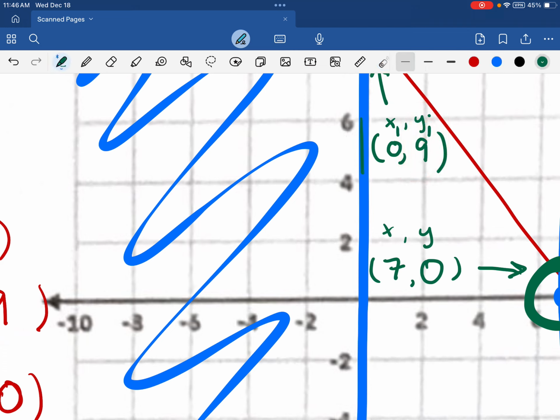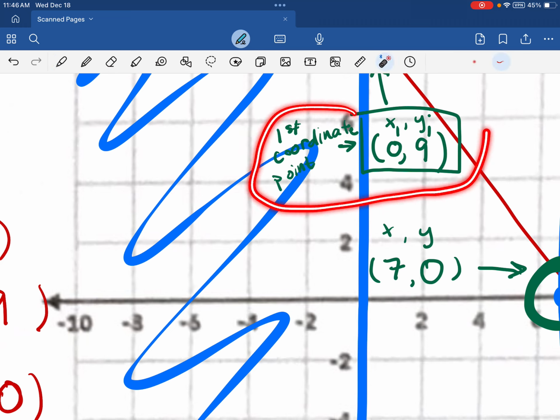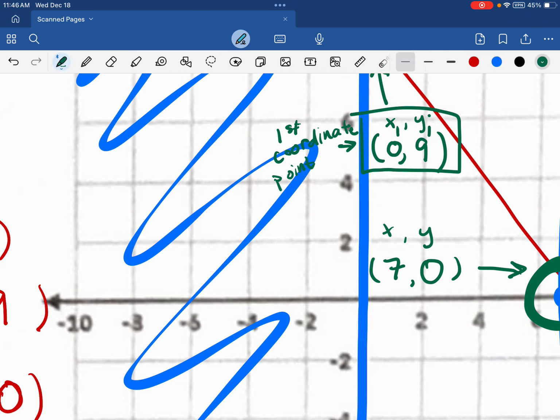This is our first coordinate point. Because it's the first coordinate point, it has these little ones that go with it. This one down here, this is our second coordinate point.